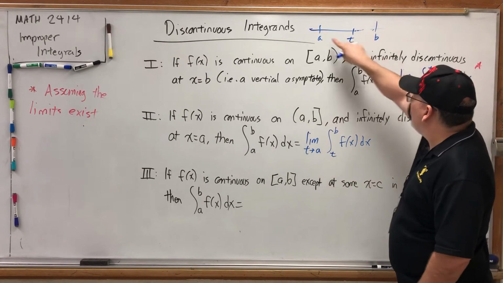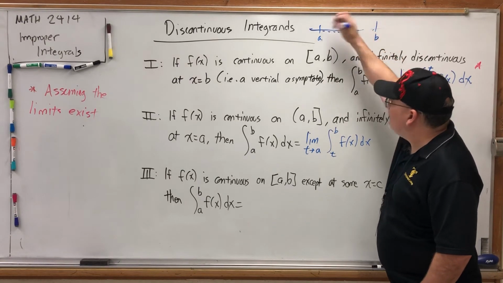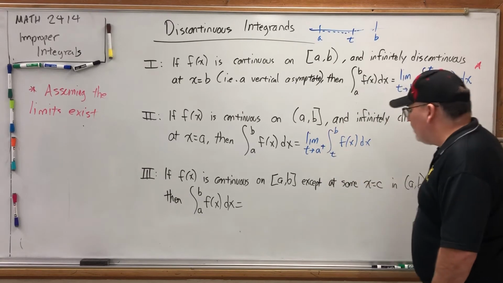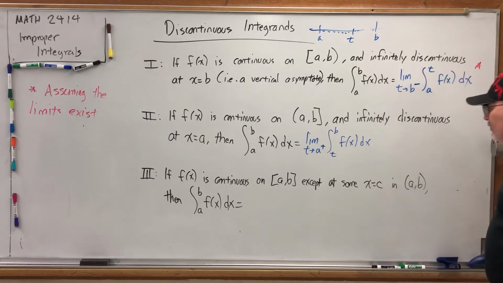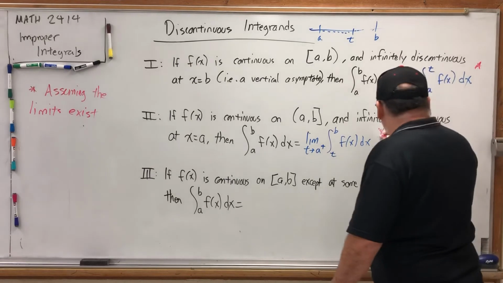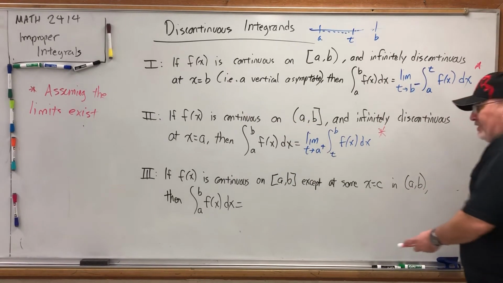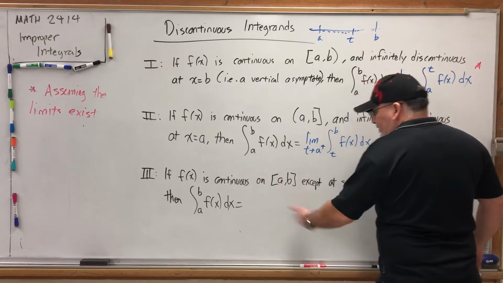But if the problem is at a, then t is approaching a from the right. So we only have to do the right-handed limit there. Asterisk, assuming the limit exists.